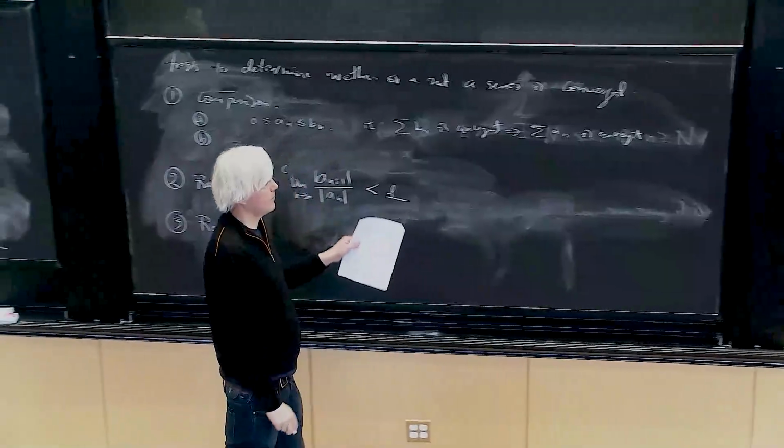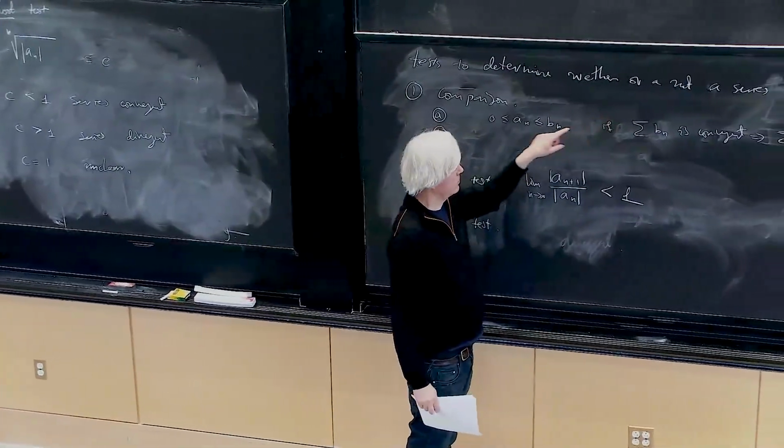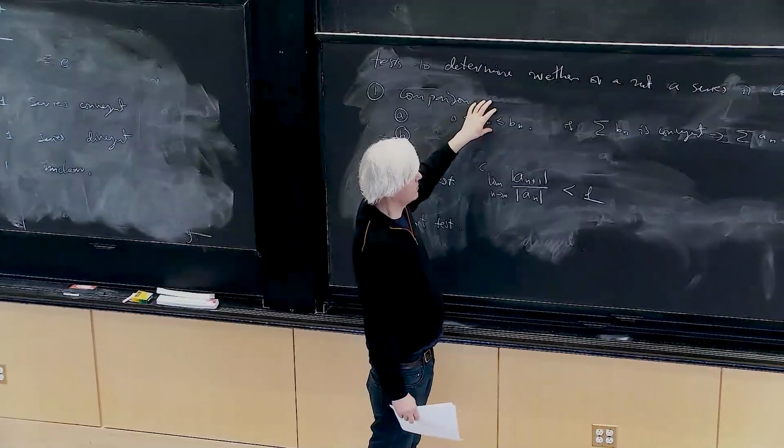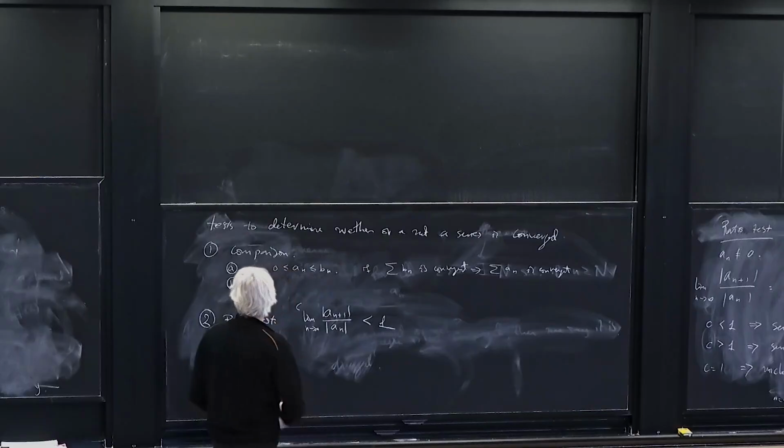This is sometimes used exactly like this, and it's also sometimes used where you know that this one is divergent, and so you conclude that the other one is divergent.